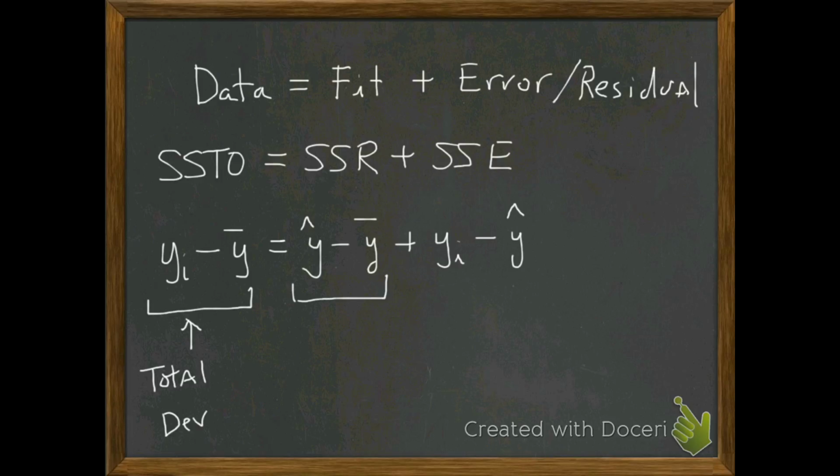I would call this the deviation of our regression. It's a difference in the predicted values and the mean of the y's. And I would call this obviously the deviation of the error.